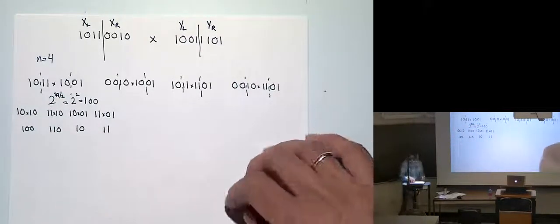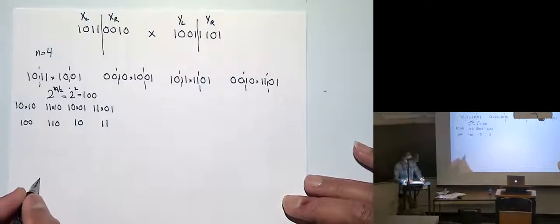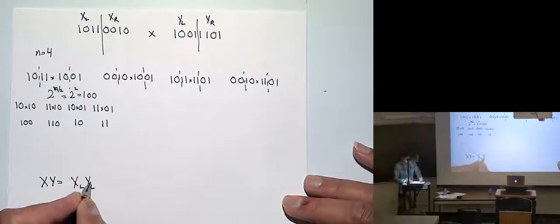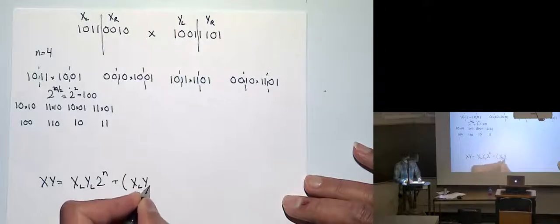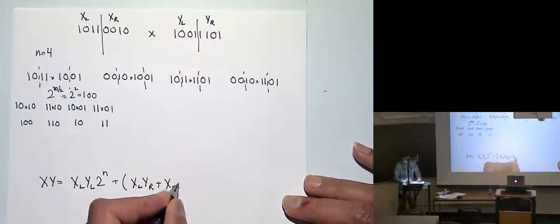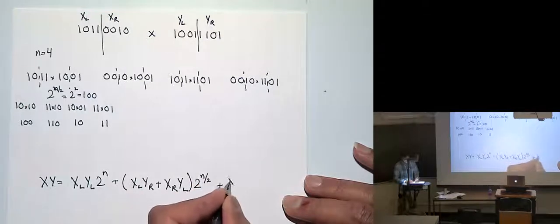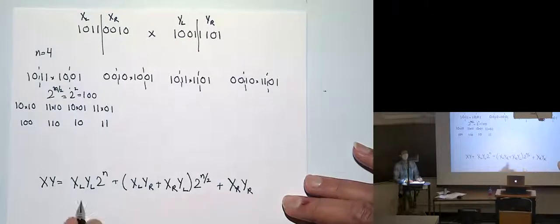So if you go back to our formula, let me write it down here. XY is equal to XL YL 2 to the n plus (XL YR plus XR YL) 2 to the n over 2 plus XR YR. Right, that was the formula.